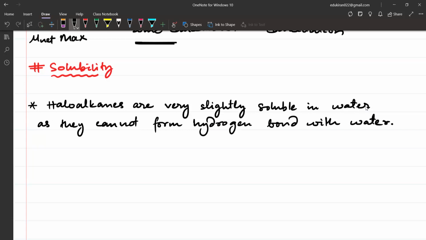Okay. So slightly soluble, it also has another word for it. It is known as immiscible. We can also write why haloalkanes are immiscible in nature. Or they will ask, haloalkanes are polar, but they are immiscible in water, why? So you will just write haloalkanes are immiscible in water as they cannot form hydrogen bond with water.